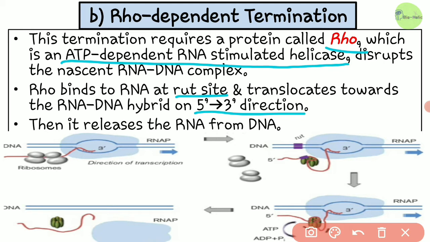So here in this picture, the ribosome comes and binds with the RNA strand along with the Rho protein. So this is the Rho protein, and then the ribosome may dissociate, then Rho binds with the rut site, or Rho utilization site, and then translocates toward the hybrid region, and at last it releases the newly synthesized RNA from DNA. Clear?